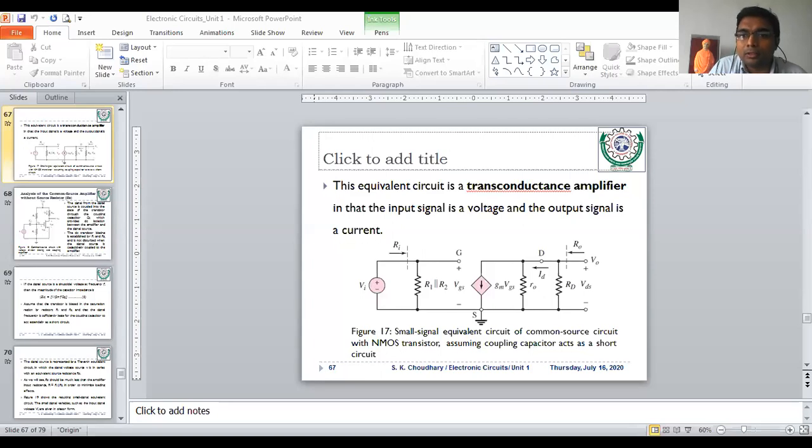And there is a finite output resistance, that is small r naught, and the value of this current source is small gm vgs.